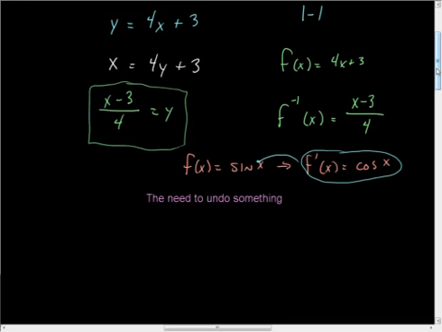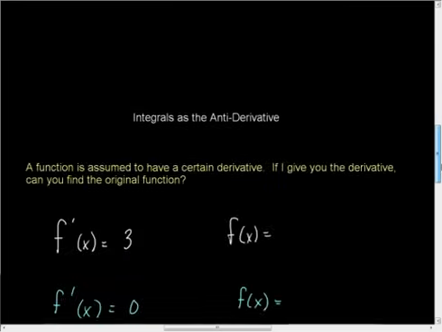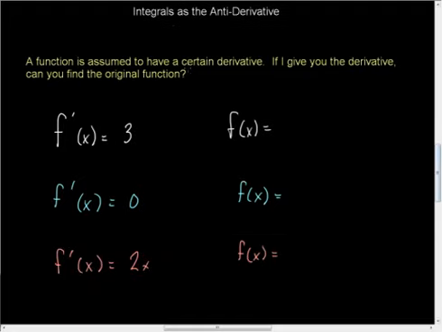So we are looking at something called the integral, and the integral, in a very real sense, is the antiderivative. There's a little bit more to it than that, but in the simplest form, it is the antiderivative. So if I have the derivative of something, can you find the original function?